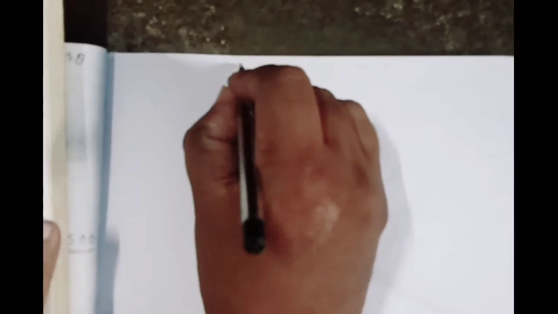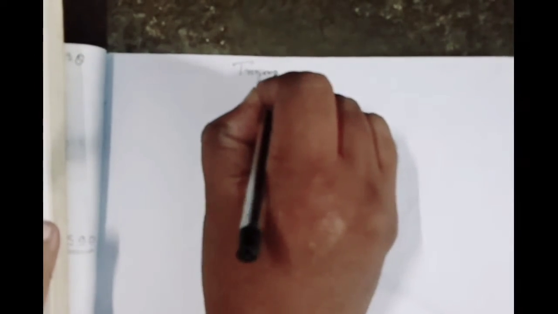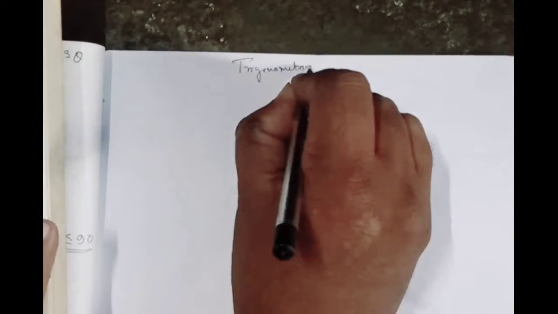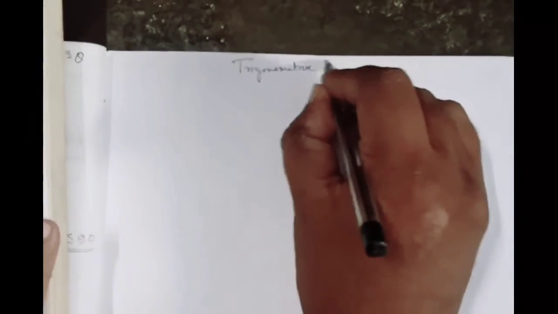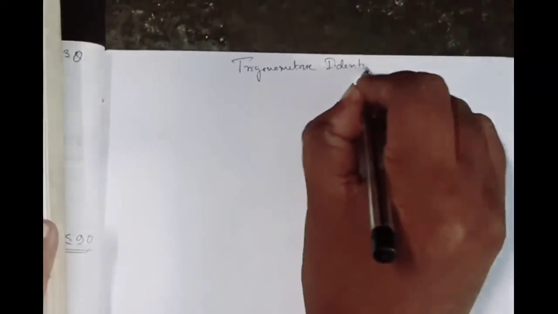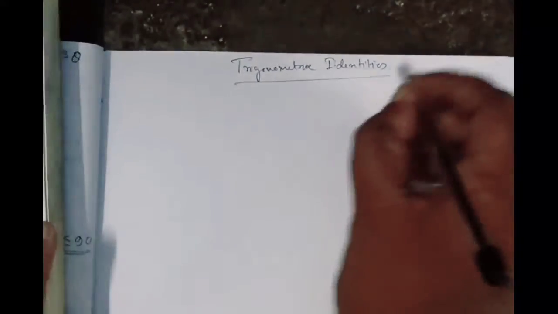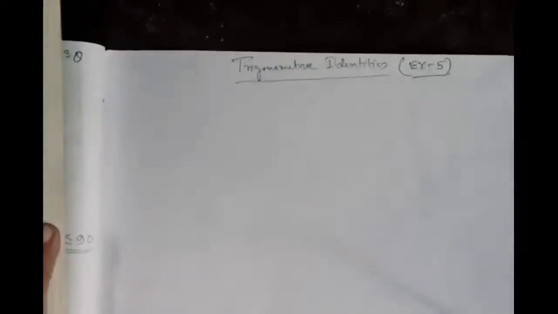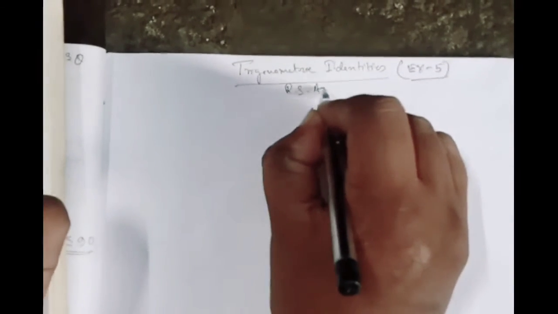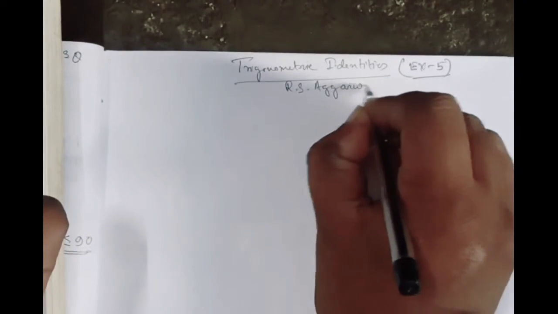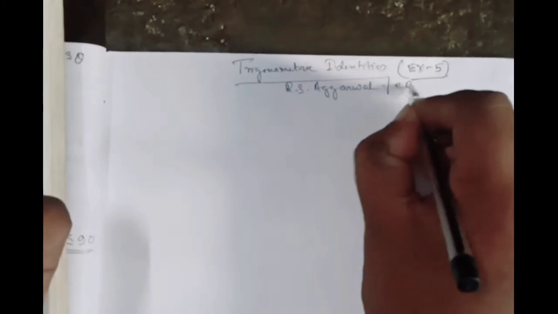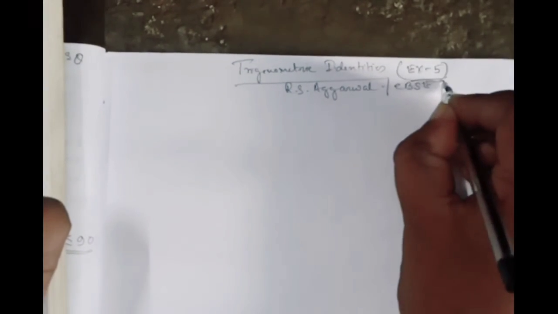So we are doing trigonometric identities, Exercise 5 from R.S. Agarwal of CBSE 10th standard.